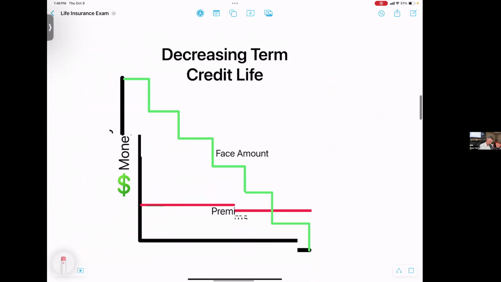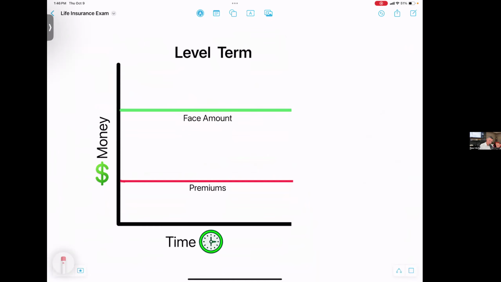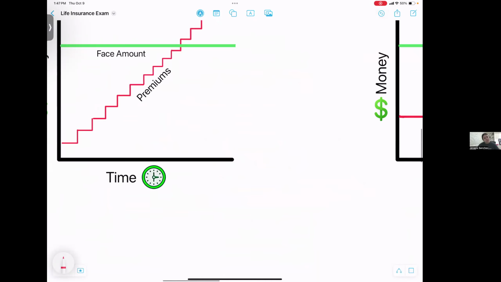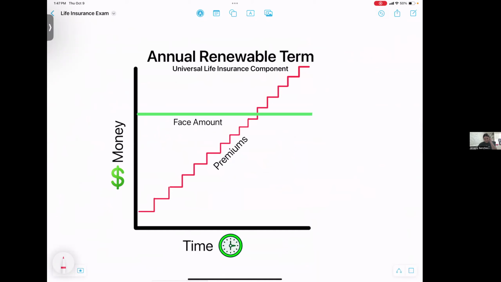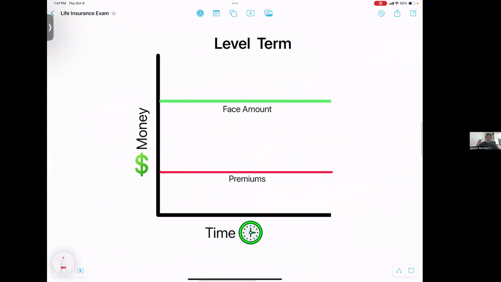Now, what's the other type of term? There's level term. This one's easy. Everything stays level for the term. 30-year term, 20-year term, or 10-year term. Everything stays level. That's the most basic form of term. My question is on the level term, at the end of it, there's no cash value either?